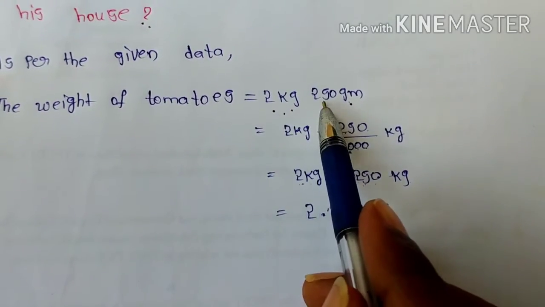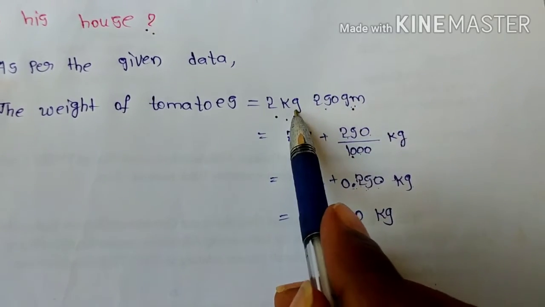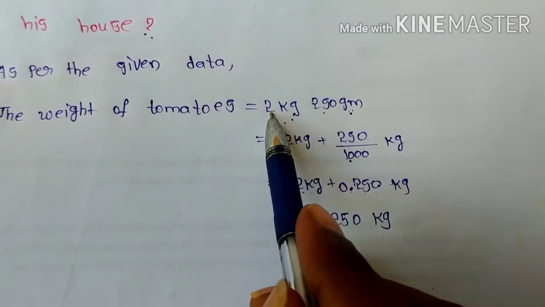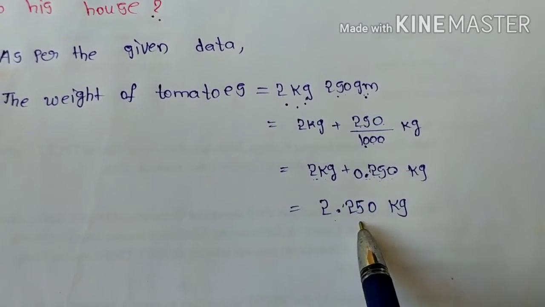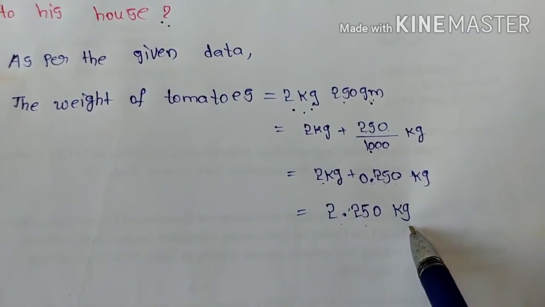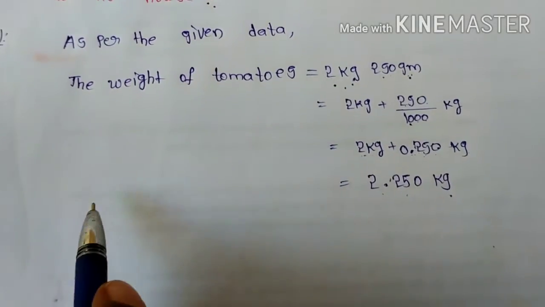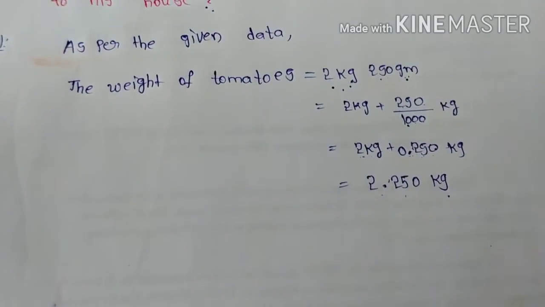2 kg 250 grams means just you can put decimal point directly: 2.250 kilograms only. Yes or no? In the similar way you can write the remaining. See, I am writing.